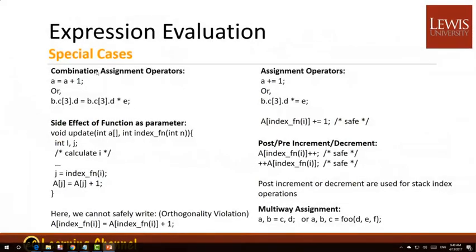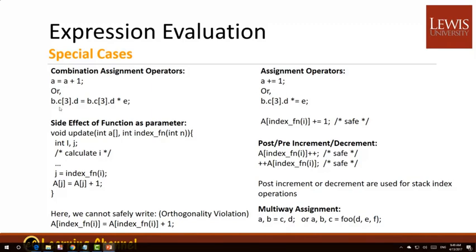Expression evaluation, special cases, combination assignment operator. Here, actually, we are talking about side effects. Some side effects will be used. So we have this A equals A plus 1. Then we can have this A plus equals 1. A plus equals 1 is equivalent to this.